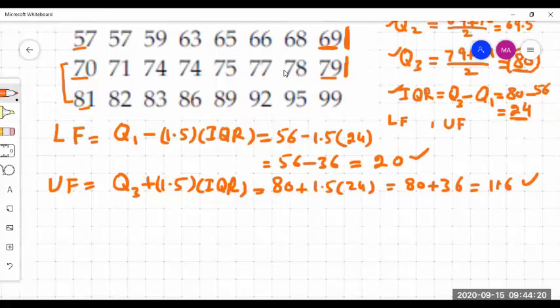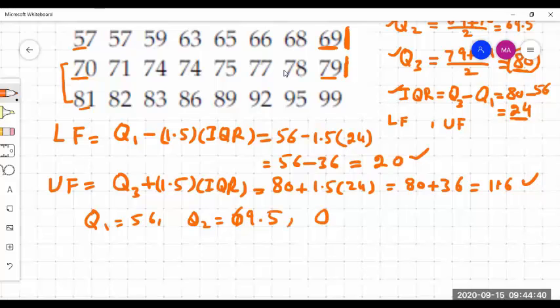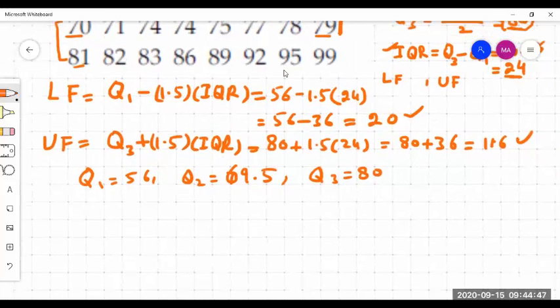Let me quickly write down: our Q1 value was 56, and the Q2 value was 69.5. And Q3 was 80. So these were our values.